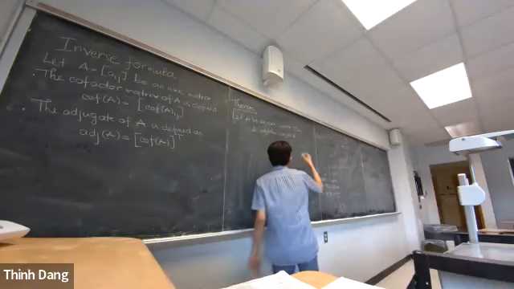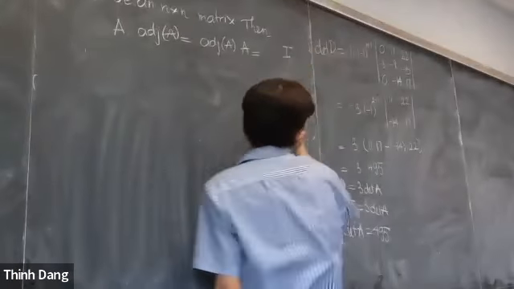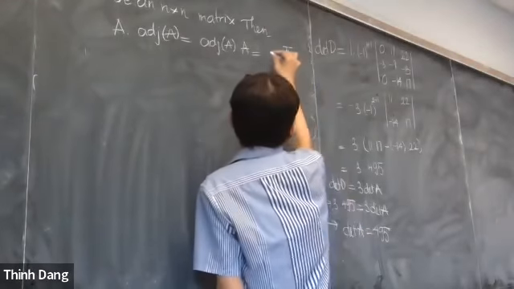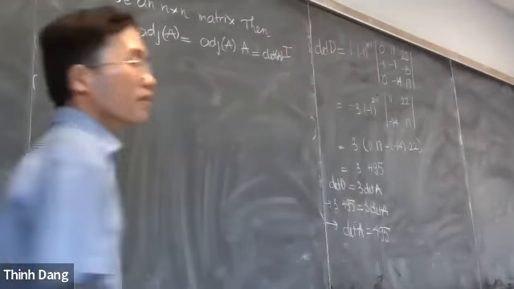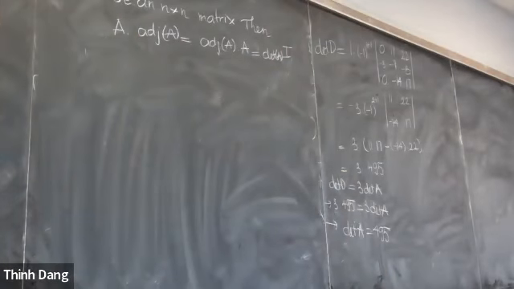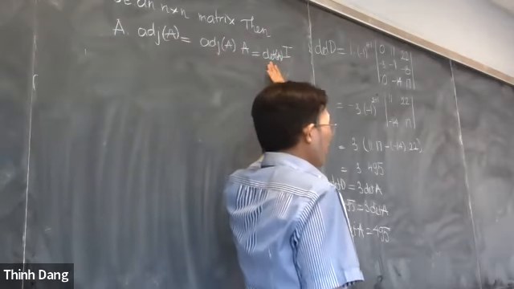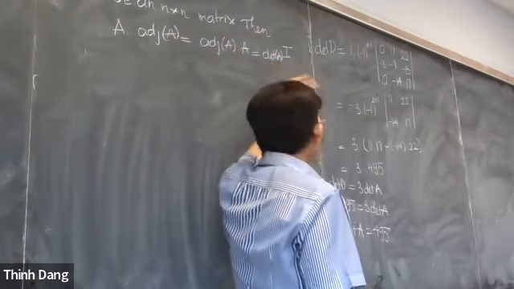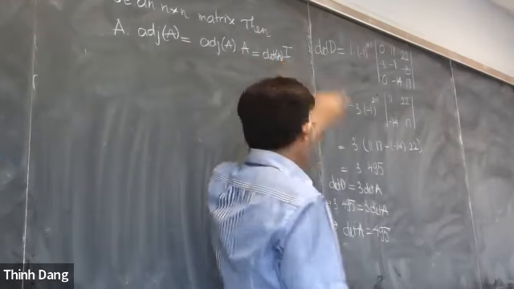The result is the identity matrix I multiplied by the determinant of A. Keep in mind that I is a matrix and the determinant is a number, so this is a scalar multiple of the identity.